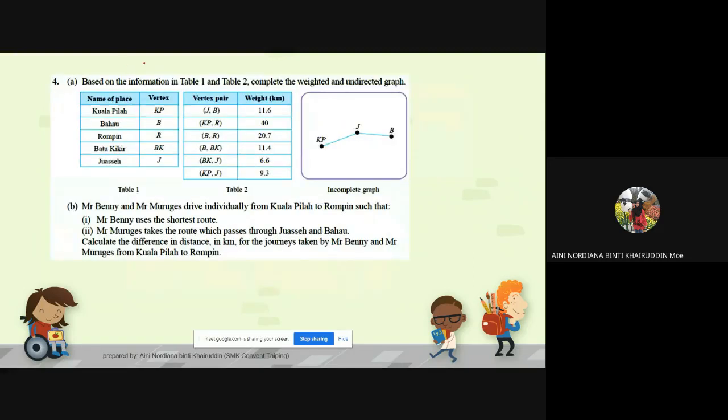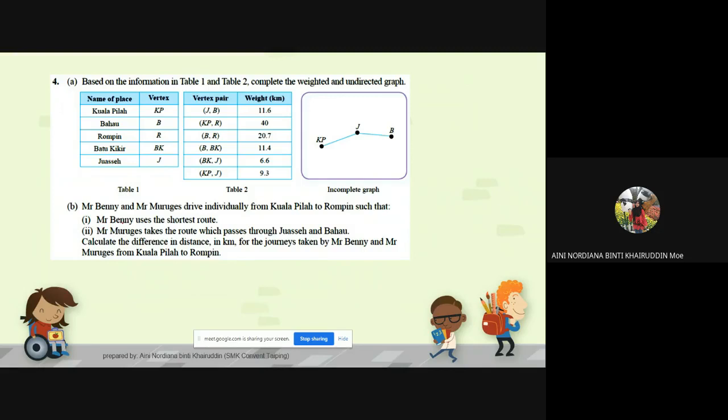Question number 4. Based on the information in table 1 and table 2, complete the weighted undirected graph. So this is table 1 and table 2. This is the incomplete graph. Mr. Benny and Mr. Murugas drive individually from Kuala Pilah, KP, to Rompin.